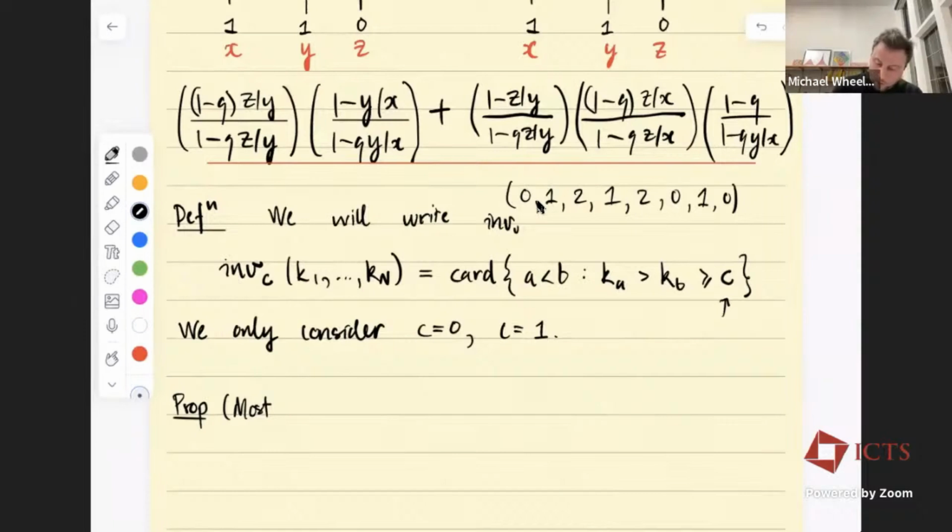For example, this would be an inversion, or 2, 0 would be another inversion, or 2, 1. So you have to count all of them. But if you put inv of 1, basically you don't care about inversions with 0. So inv of 1 would not keep track of, say, 2 with 0. Is it clear? You can delete all the numbers strictly less than c in the sequence, and then you just compute inv of that sequence? That's correct.